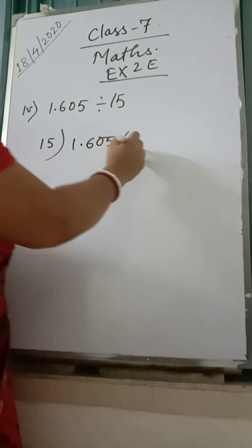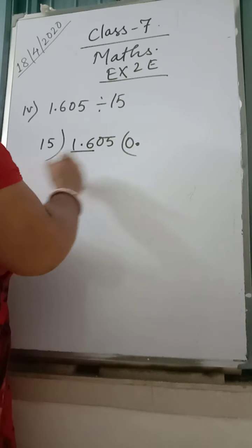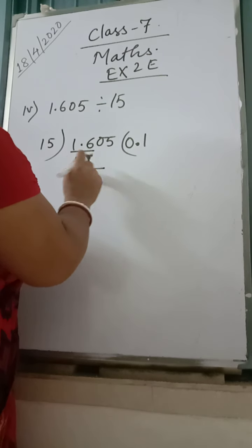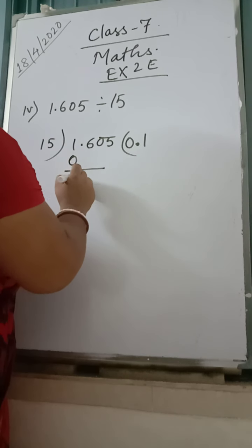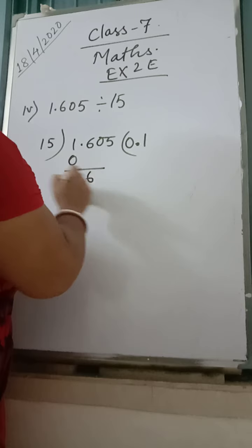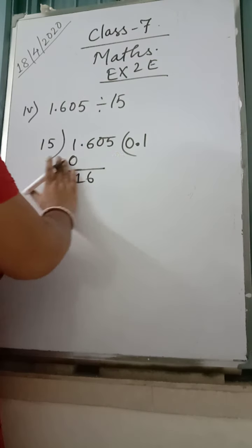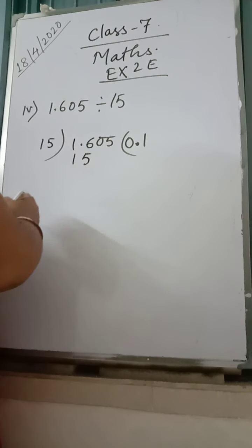Next we have a decimal, so that decimal will come at the quotient place. Now we will take both the digits, 16 that is, so 15 ones are 15. If you are confused here, 15 zeros are 0 you write, so 1 is the remainder, then 6 you write. It's up to you. You can write this or you can write directly 15 ones are 15.